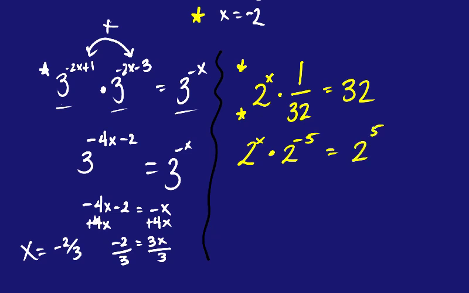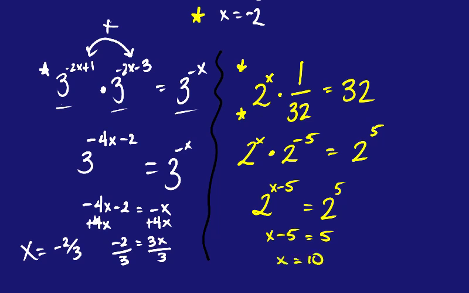Now we have the same situation as in the last one. I have like bases. When I'm multiplying them together, I add the exponents. So I keep the base the same, 2, and then x plus negative 5, which is just x minus 5, equals 2 to the 5th. Now I can take x minus 5, set it equal to 5, and x is going to equal 10.